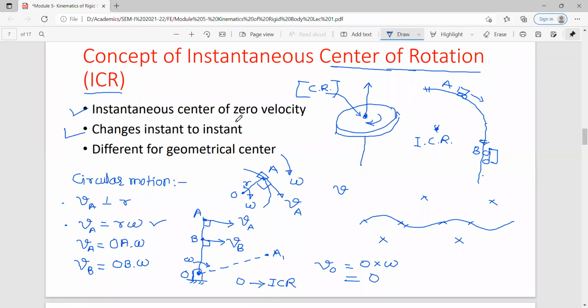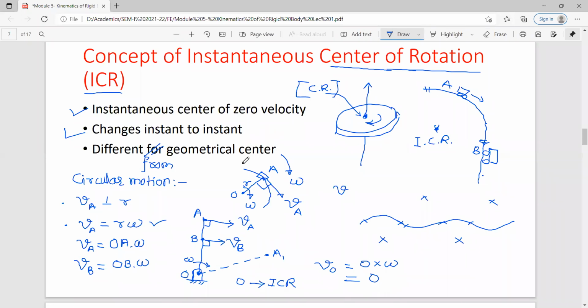Yes, sir. Correct. Now let us see the next point, that ICR is different from the geometrical center.